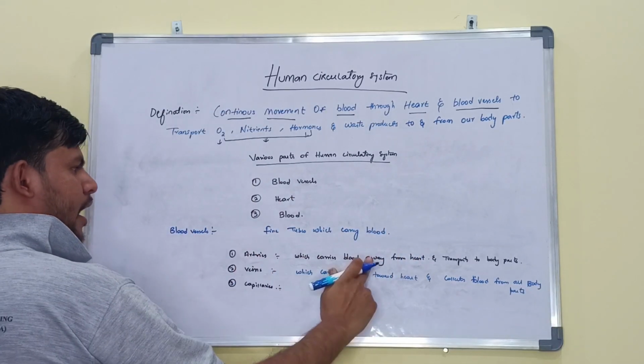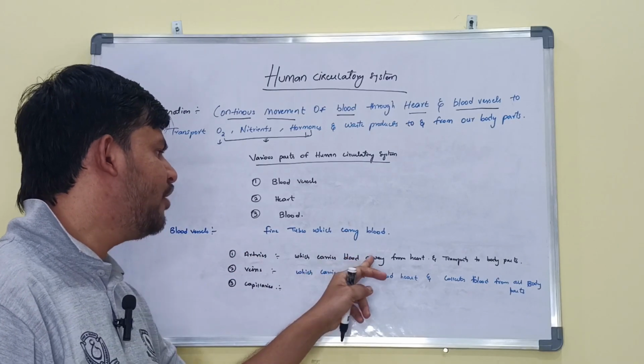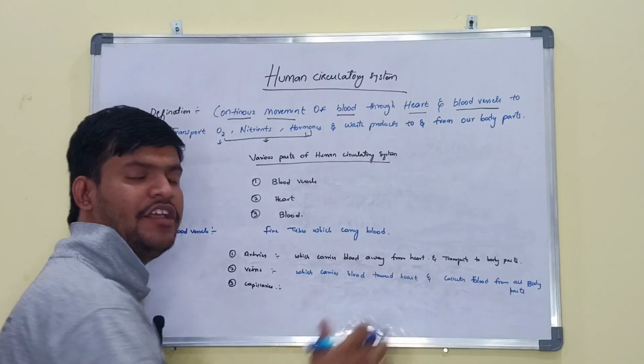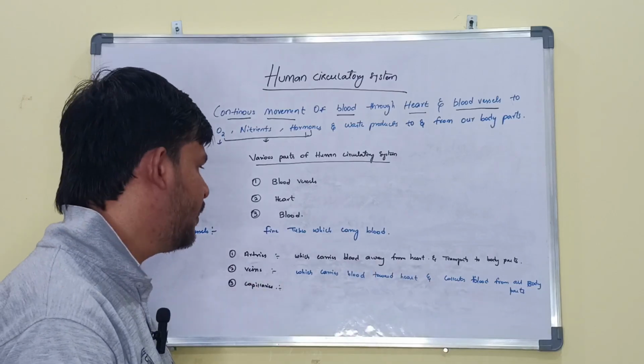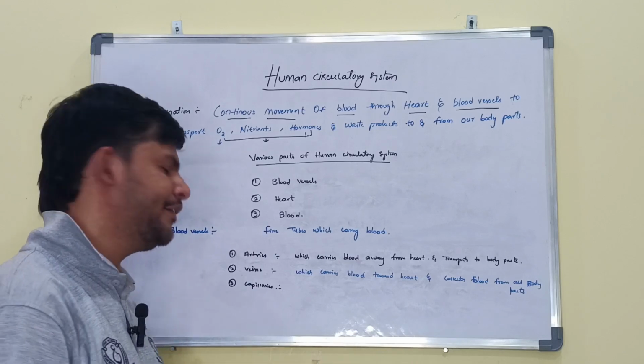A for artery, A for away. That means arteries carry blood away from the heart, whereas veins carry blood from body parts and transport it towards the heart.